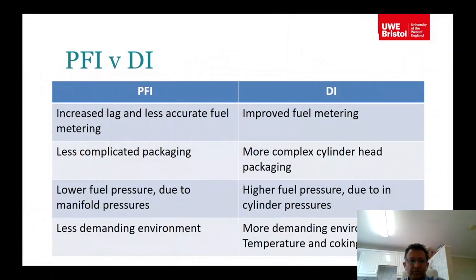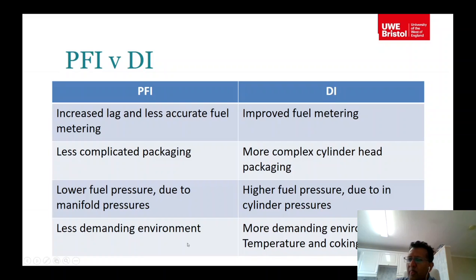So if you compare PFI versus DI, port fuel injection versus direct fuel injection. So port fuel injection has an increased lag. So direct fuel injection is impromptu. It's quicker. There's no lag. But PFI is less complicated. DFI or DI is more complicated because DI needs to have higher pressures than PFI.